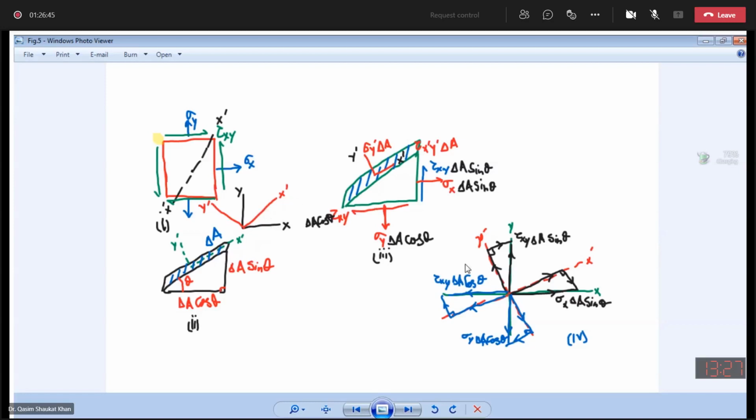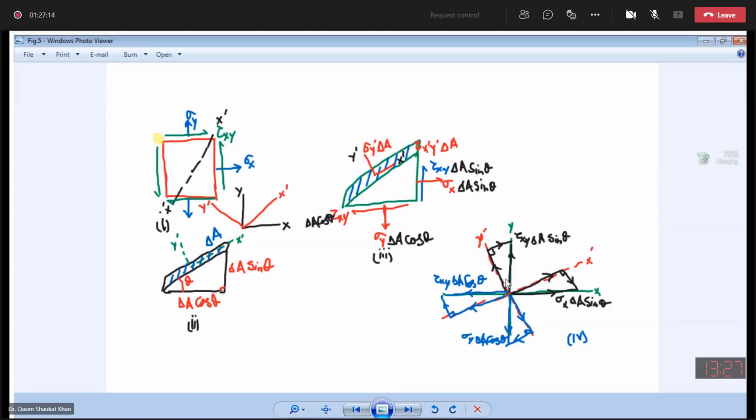First we resolve sigma x delta A sin theta into its components along the y dash axis and x dash axis. Its component along the x dash axis will be sigma x delta A sin theta into cos theta, and its component along the y dash axis will be sigma x delta A sin theta into sin theta.